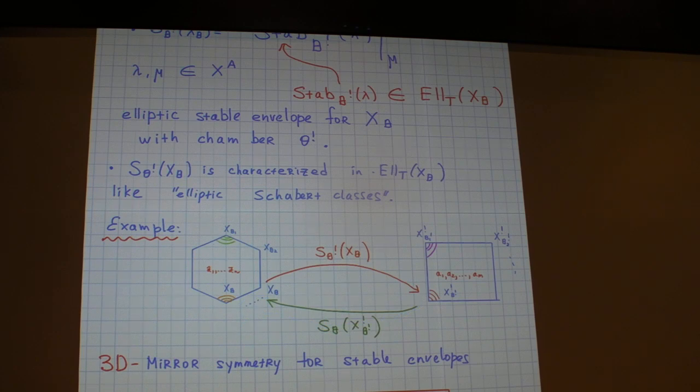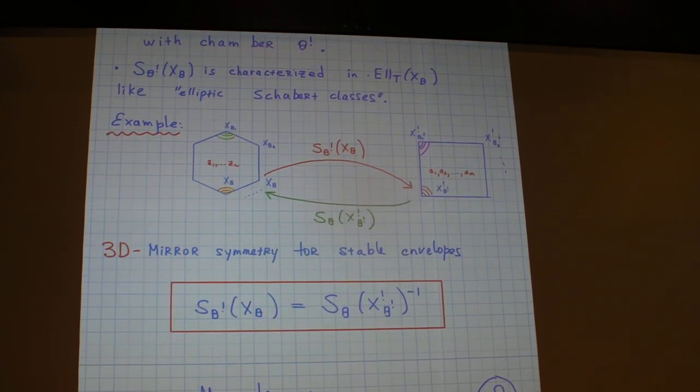So if you believe in that philosophy, then you know that the matrix of restrictions to fixed points of the elliptic stable envelope on X is equal to the inverse of the matrix of restrictions of the elliptic stable envelope on the dual variety.